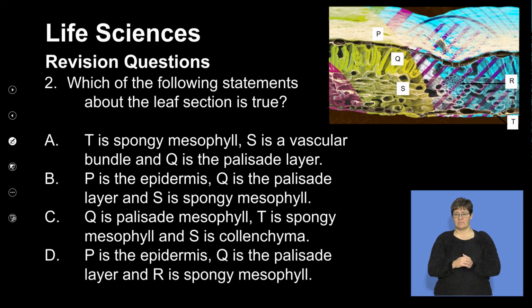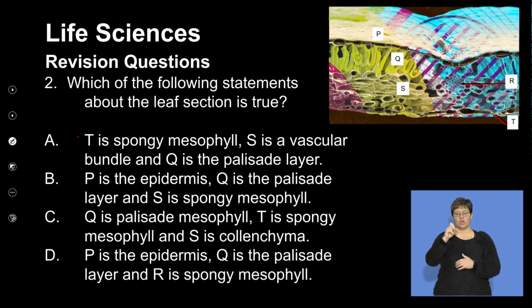Then things get a little bit more complicated because instead of just one thing, you are now given many things and you have to work out what is going on. The best way to answer something like this is to look at each one and eliminate them. For example, T. Unfortunately that's not shown too well, but that is T. It's pointing to a small thing in the epidermis.